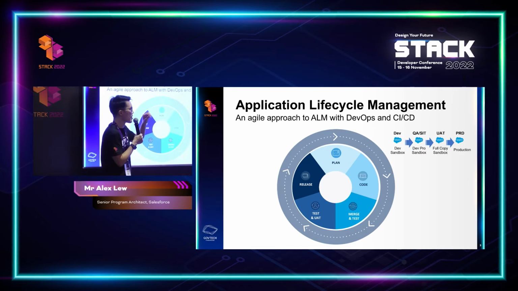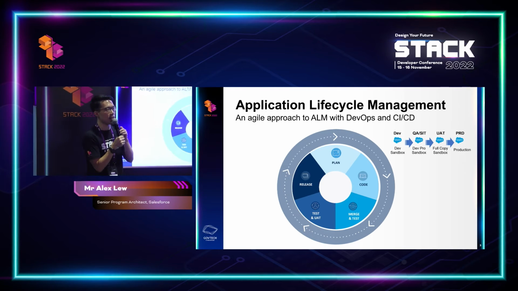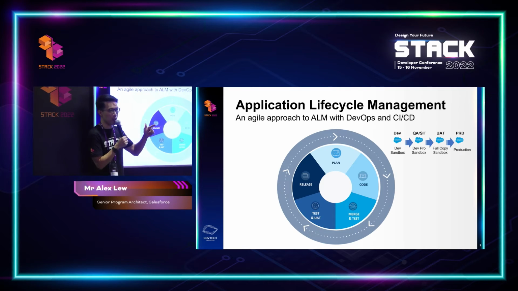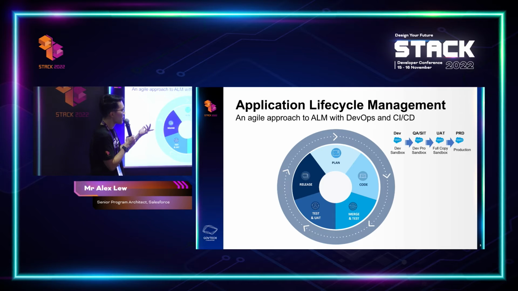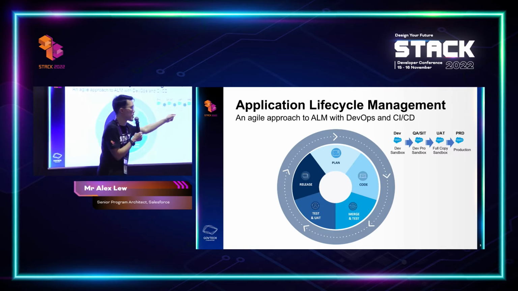Here, a sandbox is nothing but a production-grade ready environment. Whatever you build inside it and ship to production will work exactly the same. Because of different requirements, the storage space will be different, and we also have what we call the full copy sandbox here.